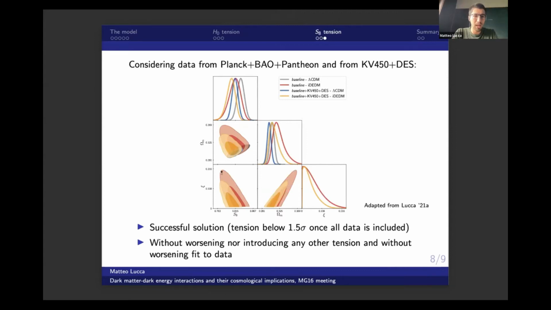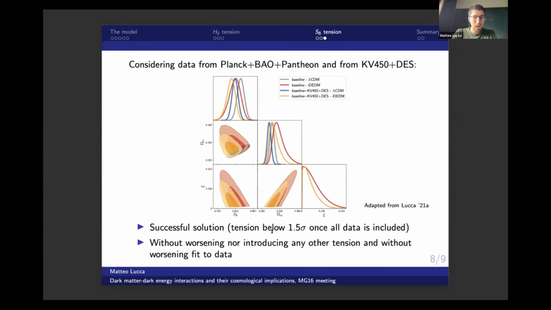To the point where it becomes possible to combine the baseline data sets with, say, weak lensing surveys or in general late-time measurements, which would otherwise be in tension. And if you do that, you end up with the orange contours, which really bring the tension between the early time inference and the late time measurements below the 1.5 sigma level.